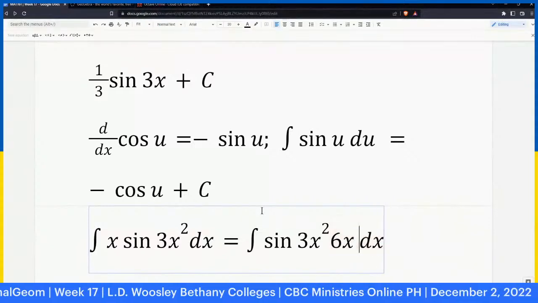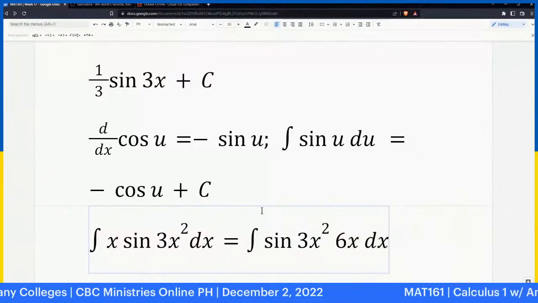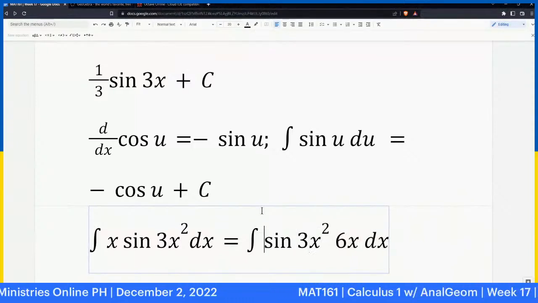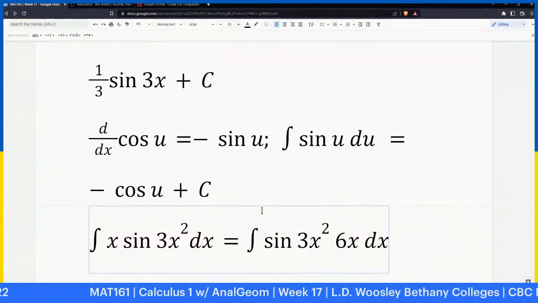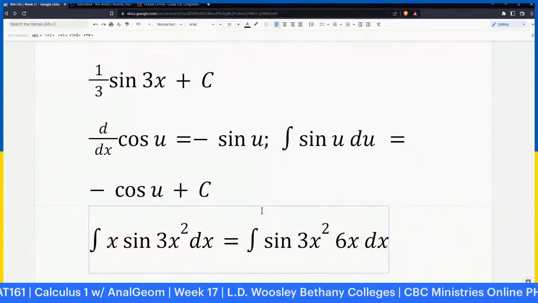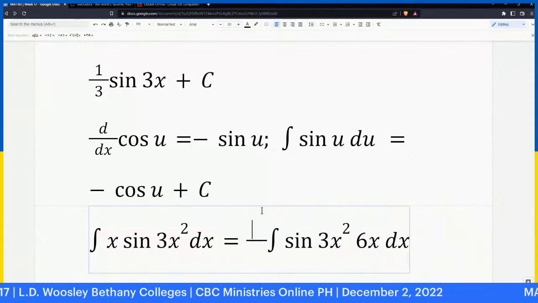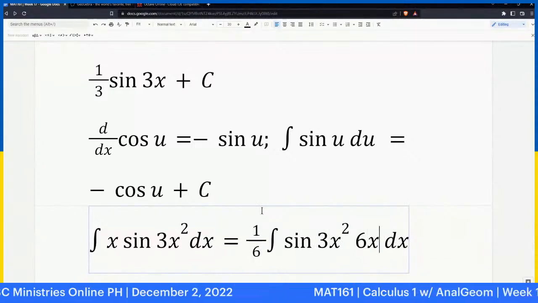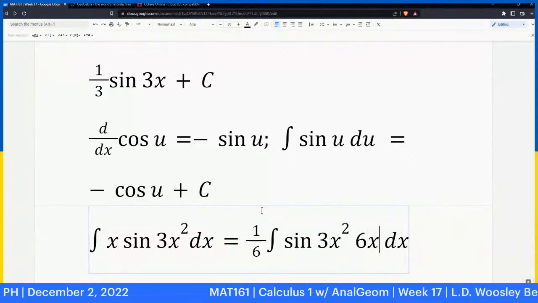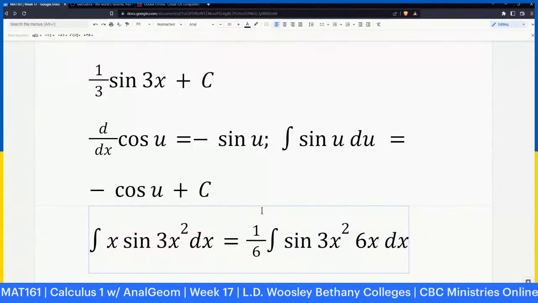Your u is 3x squared. Your 6x dx is your du. And your neutralizing factor? 1 over 6 po. Okay, correct. 1 over 6. From here, nasatisfy yung x. Linipat ko, katabi na ng 6.